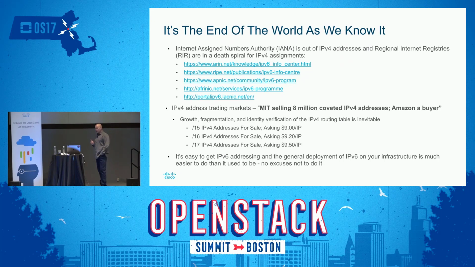Now, what this has done is trigger some strange behavior in our market, and an address market, a kind of exchange, has been created. There is no formal process for you to go and acquire IPv4 routable address space from someone else.